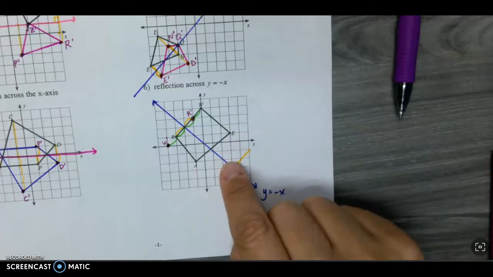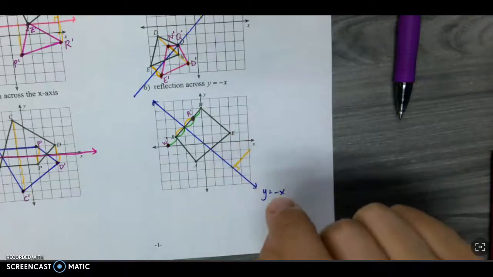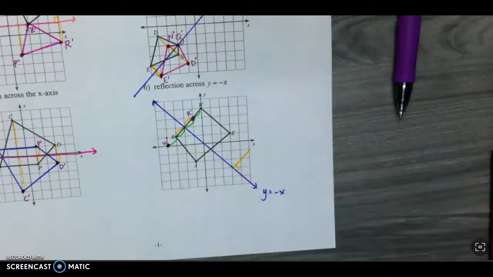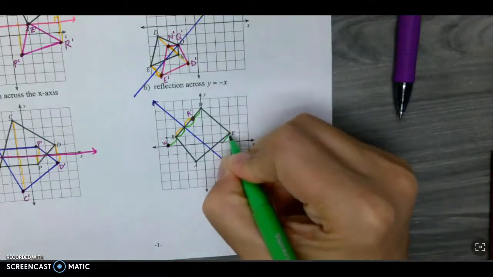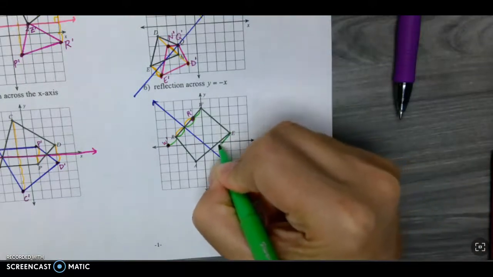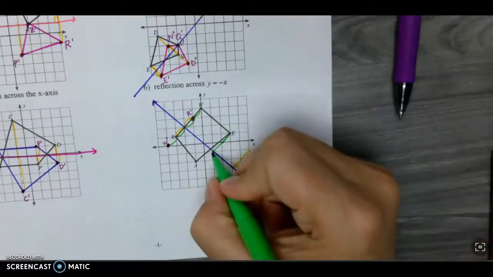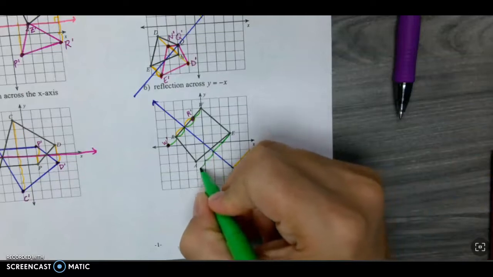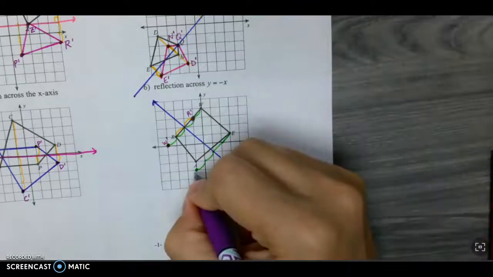Okay, it's not going exactly across the diagonal. So don't let that mess you up, because this could be challenging. So I'm cutting across the diagonal. E is 1, 2 units away. So I'm going to count 1, 2, and E prime is down below A.